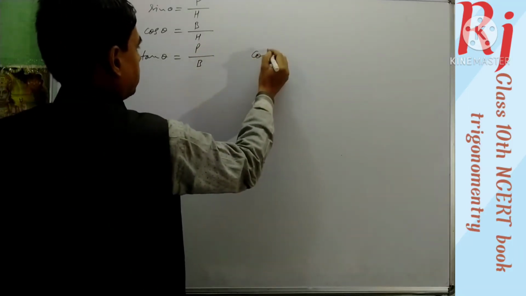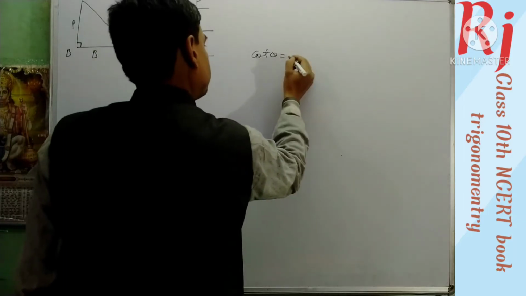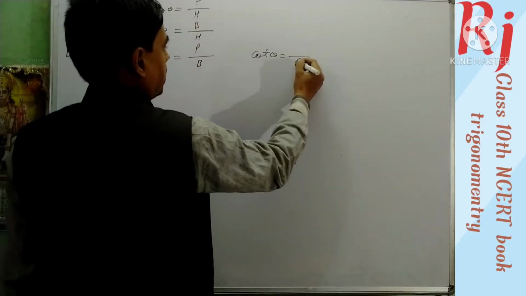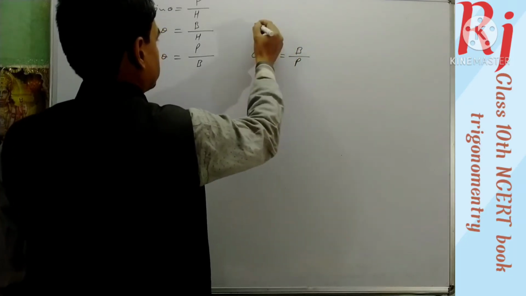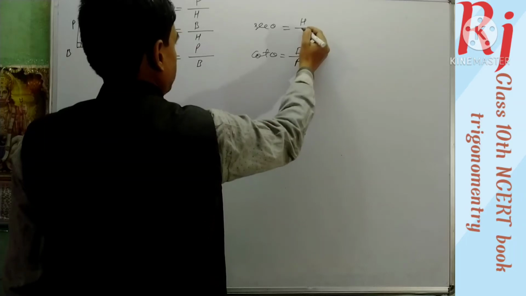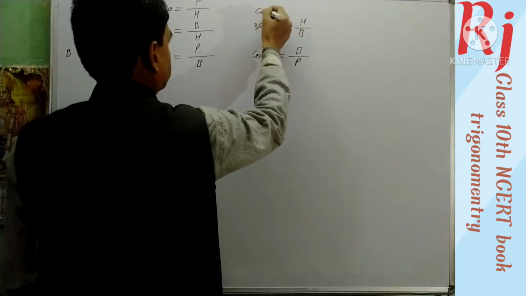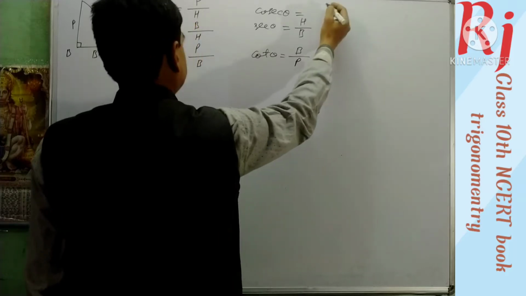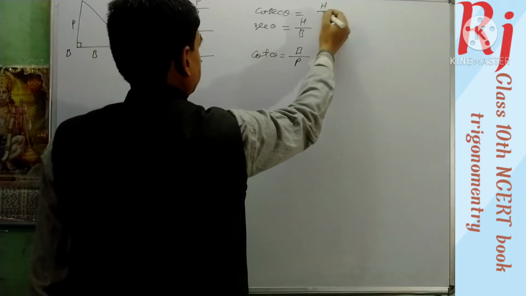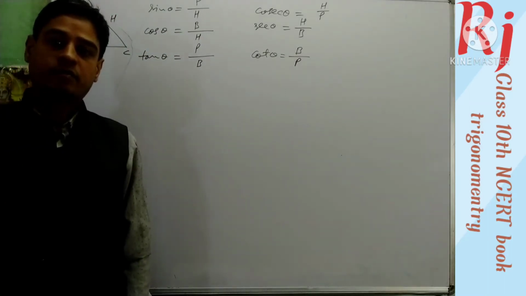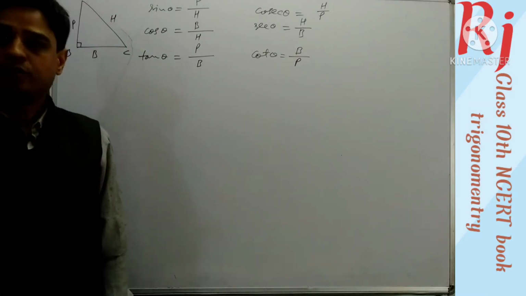Then cot theta equals base upon perpendicular, sec theta equals hypotenuse upon base, and cosec theta equals hypotenuse upon perpendicular. These are the basic formulae.